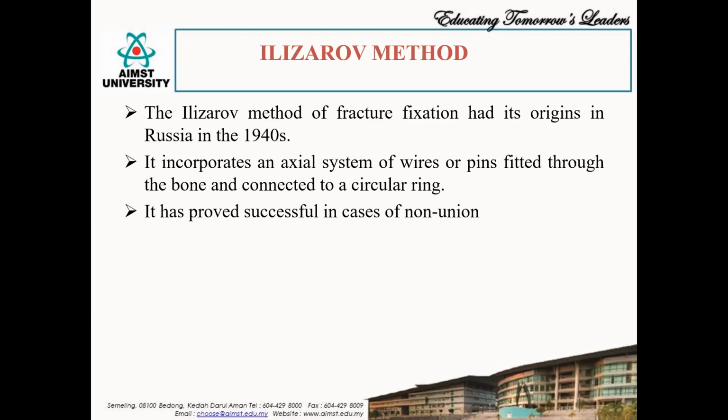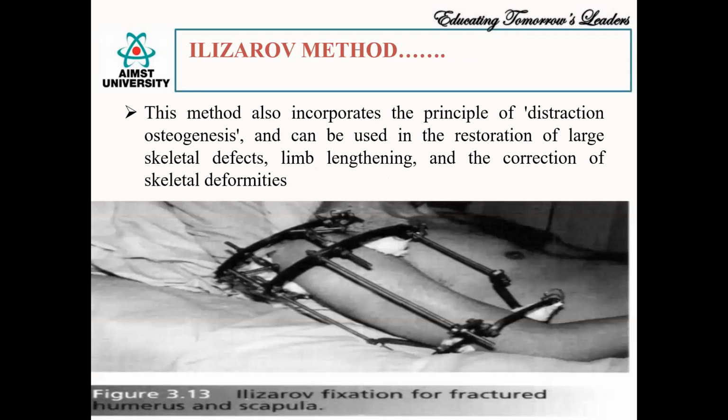If there is a greater possibility of limb shortening, or bone loss is high, where some areas of the bone segment become powdered, we are losing that bone. So sometimes it may cause bone shortening. That can also be corrected by this method.